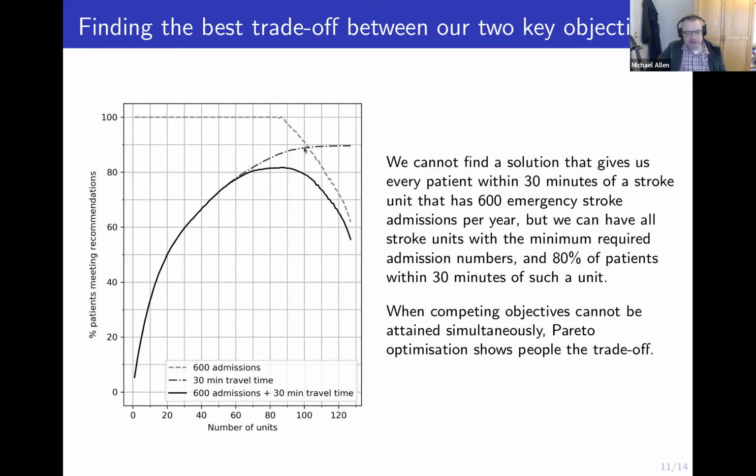And you can see here 100 units is also where we're getting very little gain in the proportion of patients within 30 minutes. And there are now actually 101 units. That's not a direct result of our work. We were just one lot of people feeding into all the discussions going on.